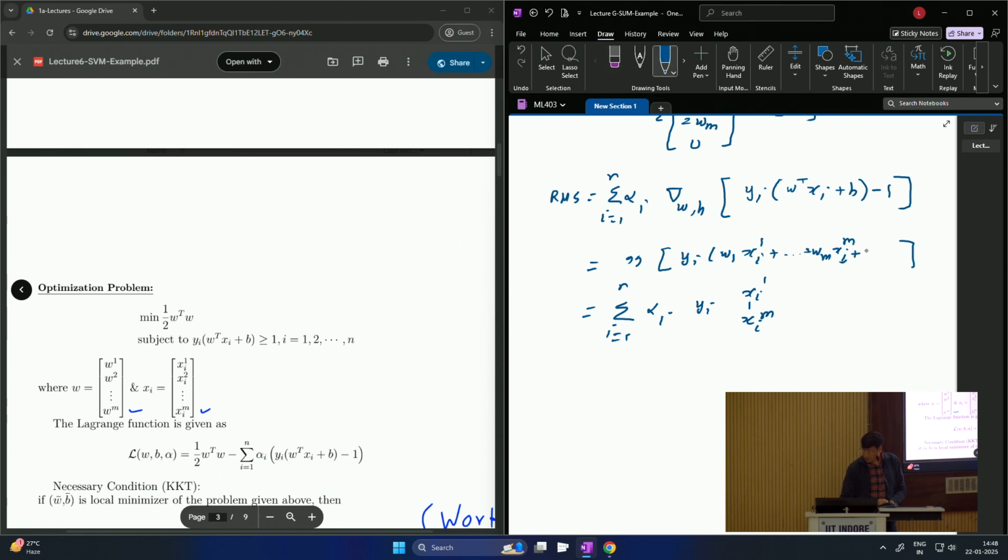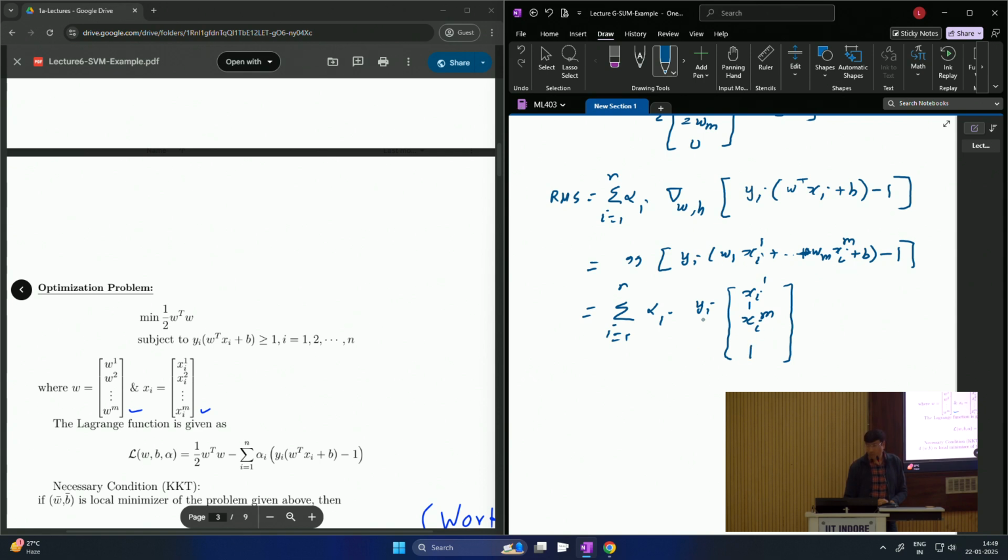So this is plus b minus 1. With respect to the wi's, I'll just get the corresponding xi1 to xim. With respect to b, what will I get?